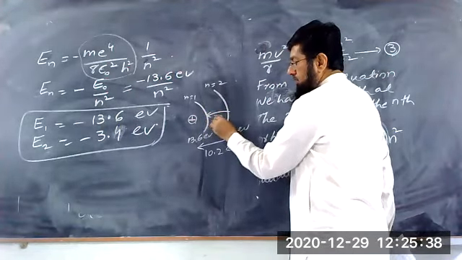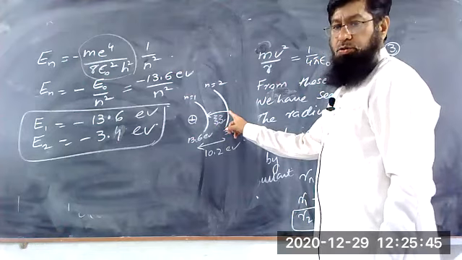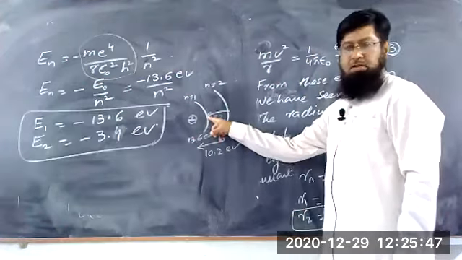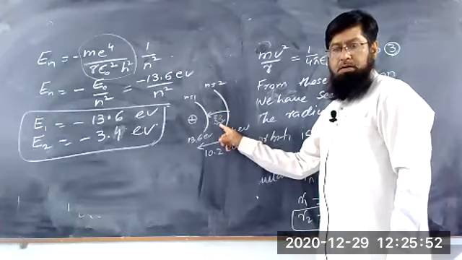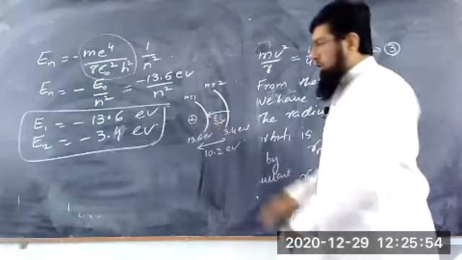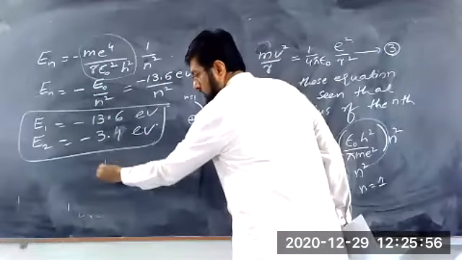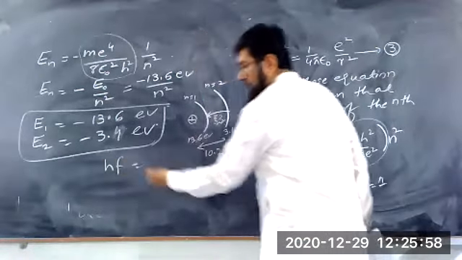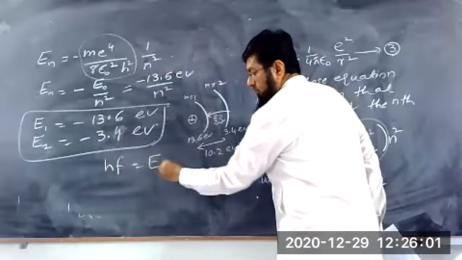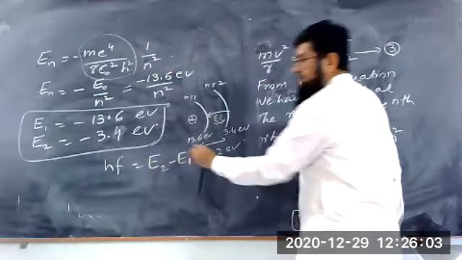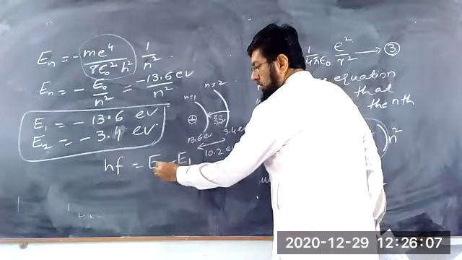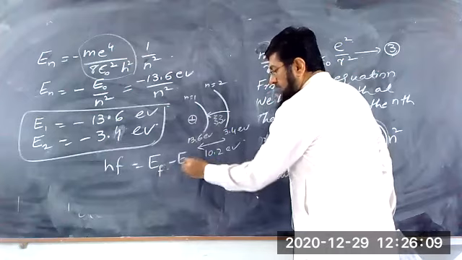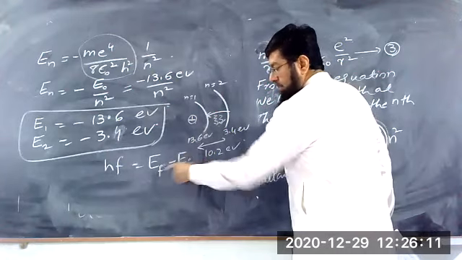When the electron de-excites from the higher level n is equal to 2 to the lower level n is equal to 1, as a result it emits out a photon, a packet of energy whose energy is h nu. hf is equal to the energy difference of the two states, E1 minus E2, E_f minus E_i, final minus initial.